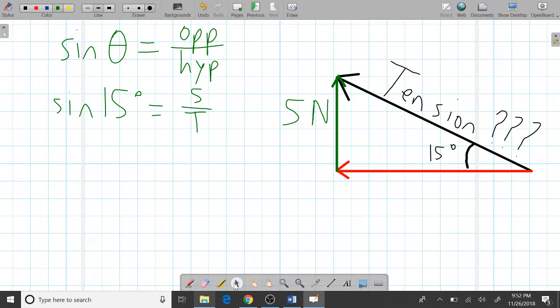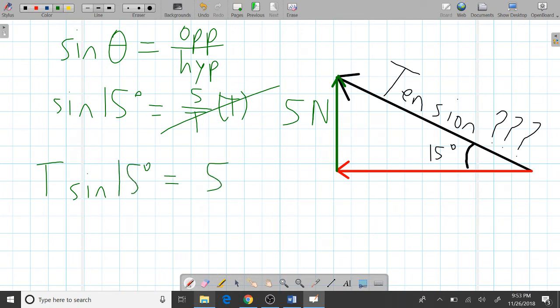So how do I solve for T? In other words, how do I get T by itself? First, I multiply both sides of the equal sign by T. Whatever I do to one side, I have to do to the other. So T times sine 15 degrees is equal to 5.